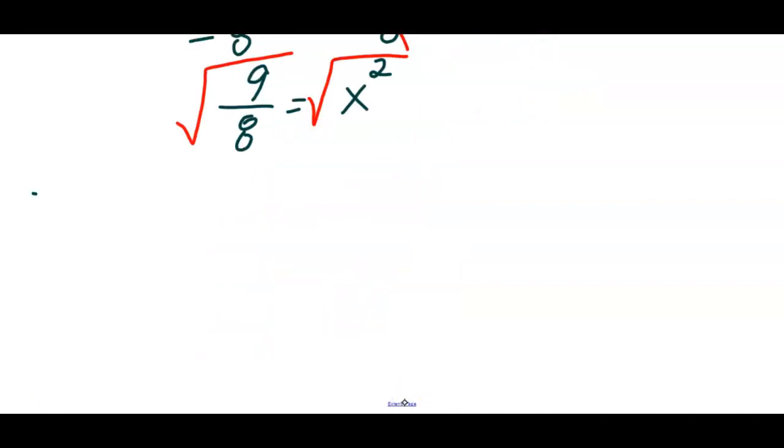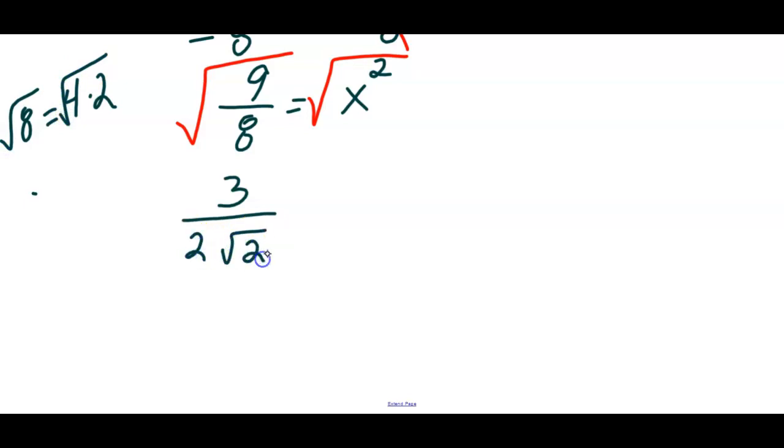So the square root of 9 is 3, and the square root of 8, remember 8 is 4 times 2. So if it's a square root of 8, it's a square root of 4 times 2, which is 2 square roots of 2. And we have plus or minus. Okay, so anytime this happens and you're left with a radical in the denominator, you want to make sure you rationalize your denominator.